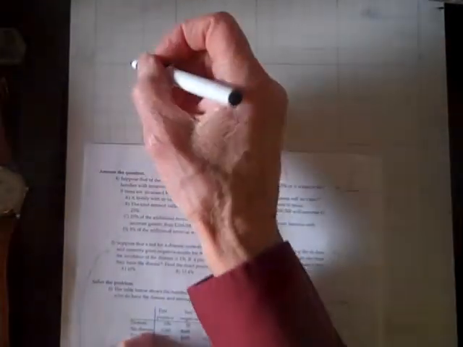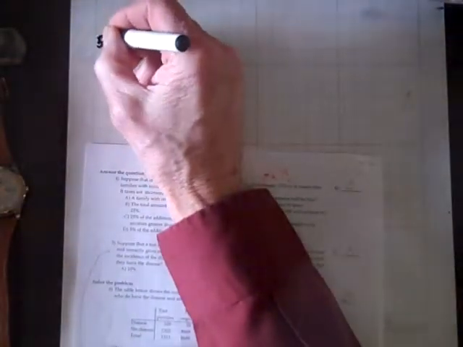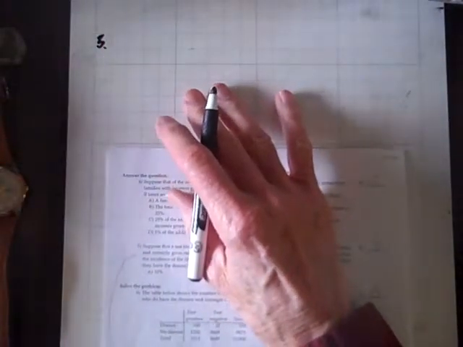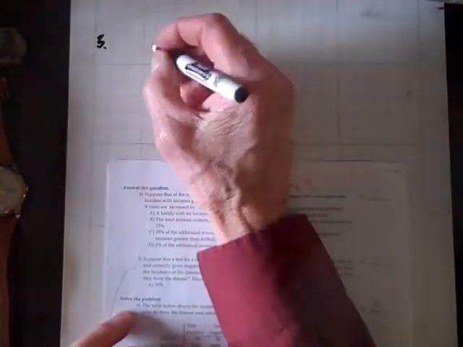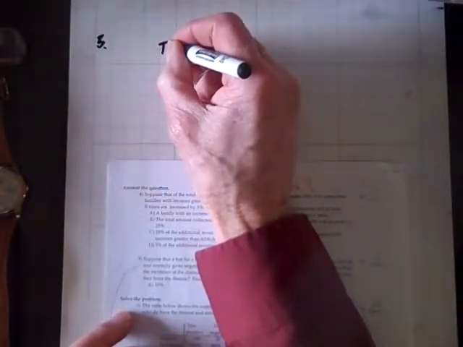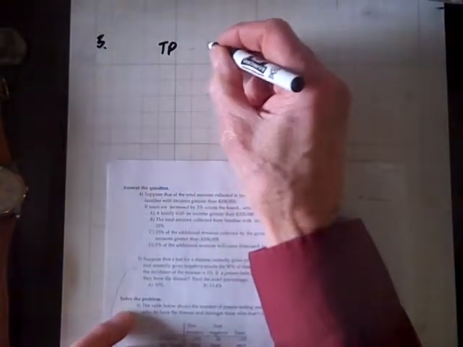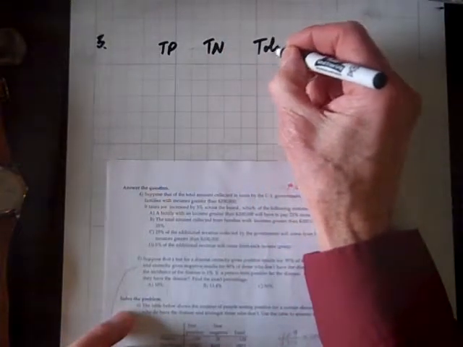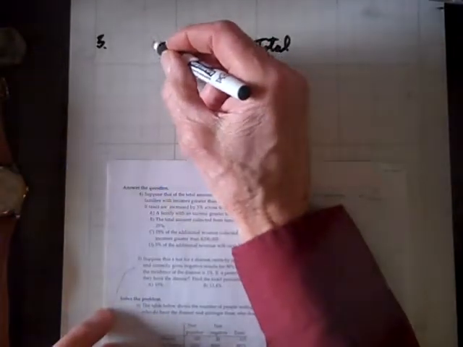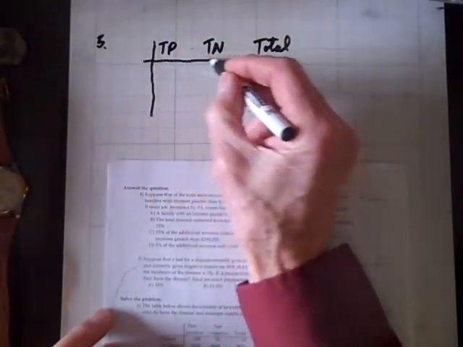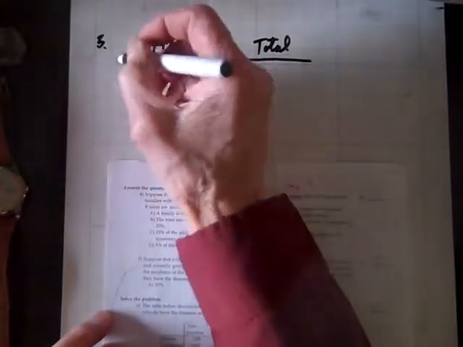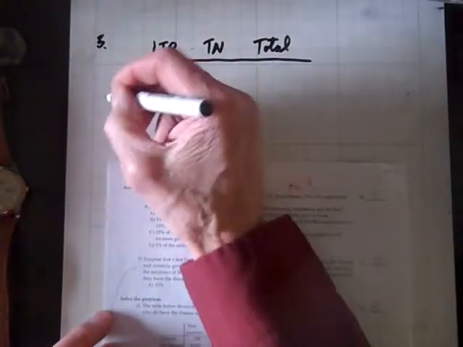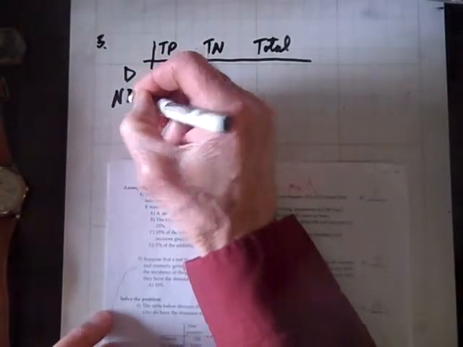Let's build a table. And by the way, this is 5. For our table, we're going to have test positive, test negative, and the total. And we've got those who have the disease and those who don't have the disease.